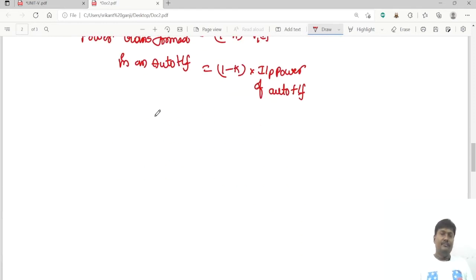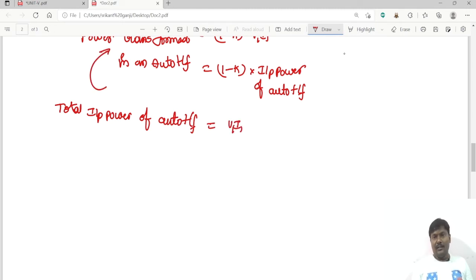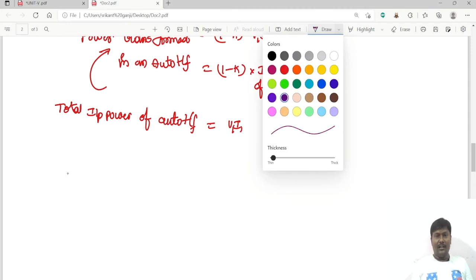Then the total input power of the auto transformer is V1 I1. From this, if we subtract the power transformed, I will get the power conducted.